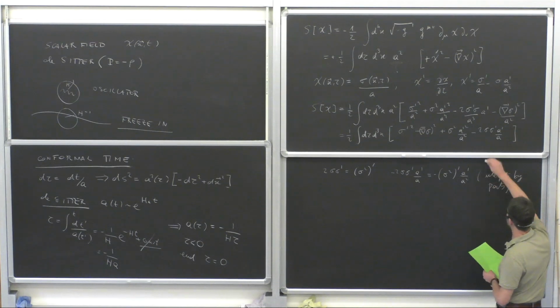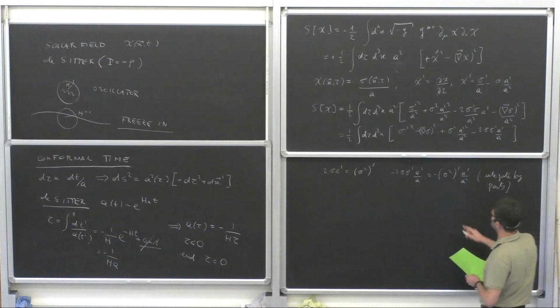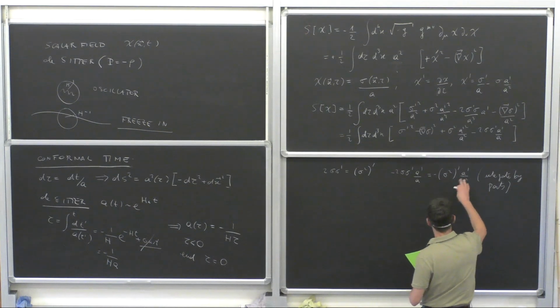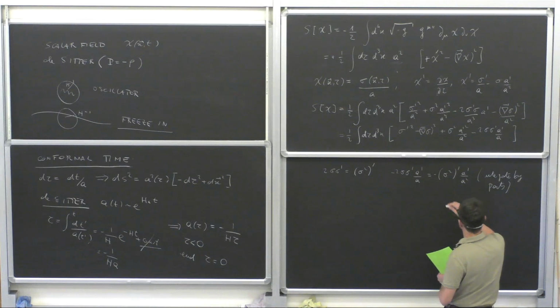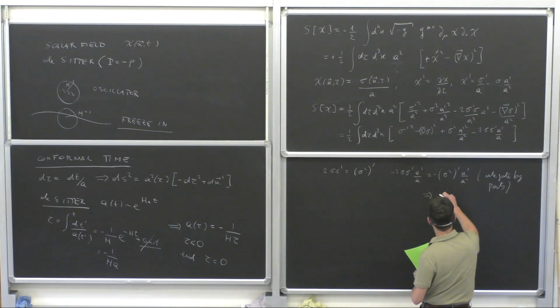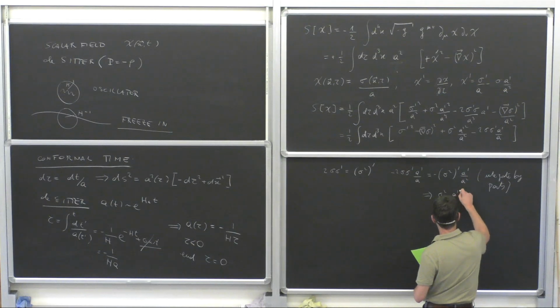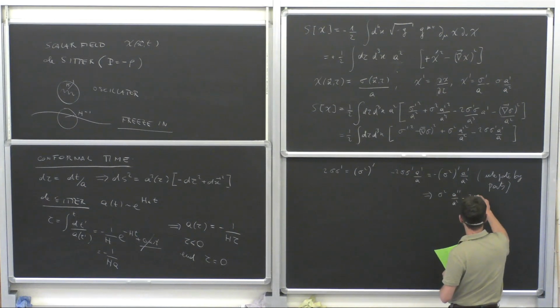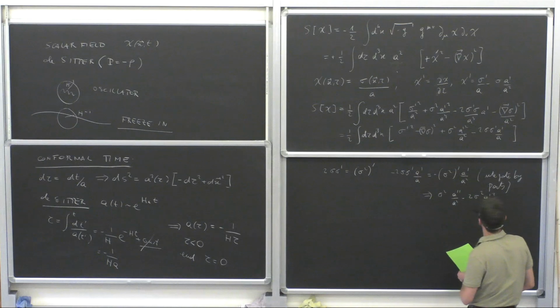In the action, what I will get is the overall total derivative term, which of course I throw away. Then this will give me sigma square, and then I have to derive this term, which is a double prime divided by a square minus 2 sigma square a prime square divided by a cube. Okay.